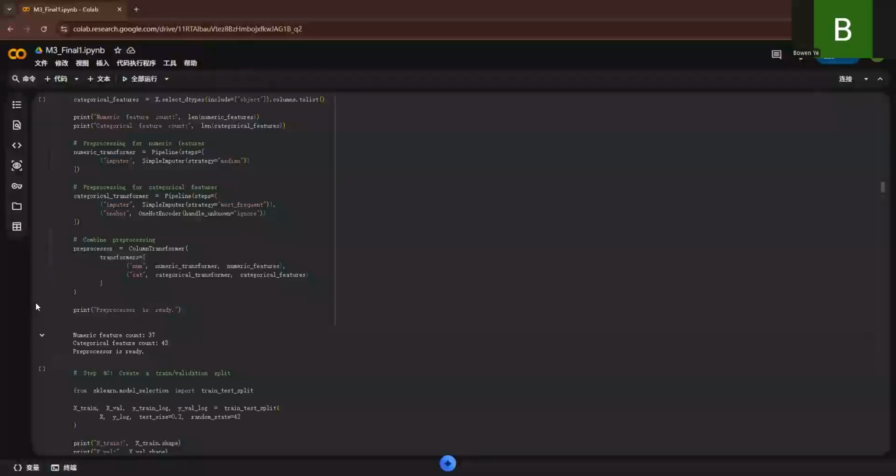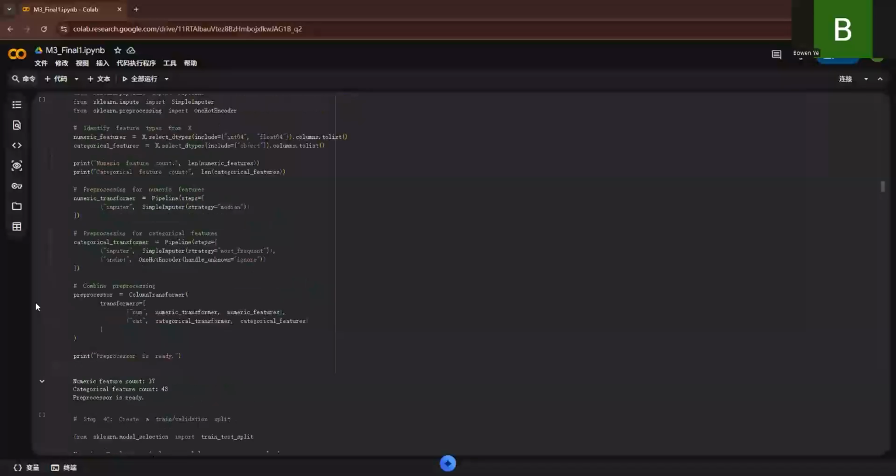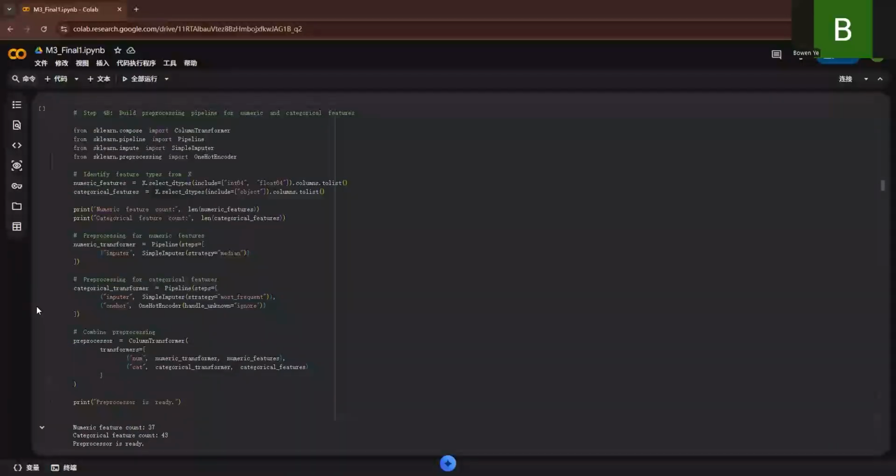The median imputation is chosen because it is robust to extreme values. And categorical features are filled using the most frequent category and converted into numerical format using one-hot encoding. Embedding this step into the pipeline ensures that transformations are applied consistently during cross-validation and final training. More importantly, it prevents data leakage because validation folds never influence preprocessing learned from the training data.